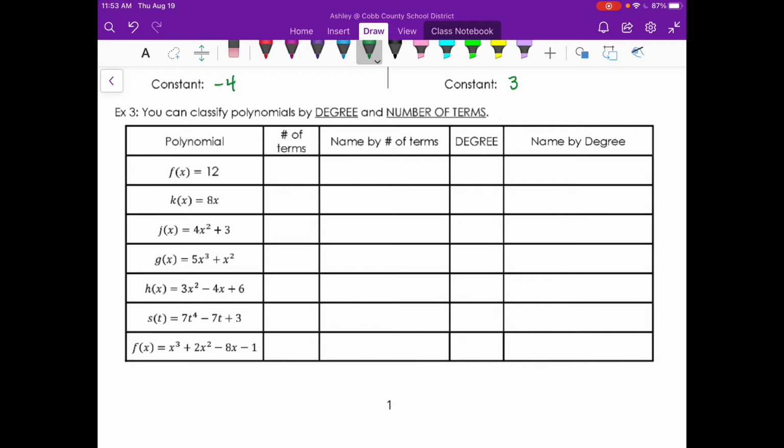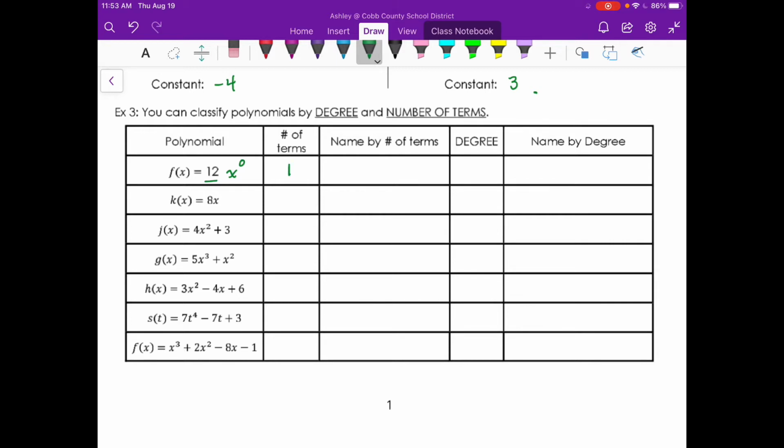In this first polynomial function, f of x equals 12. We only have a 12, we do not have a variable, so it's like our variable is x to the 0 power. Anything to the 0 power equals 1. So x to the 0 is 1, and 1 times 12 is 12. So we have an understood x to the 0 power there. This has 1 term.